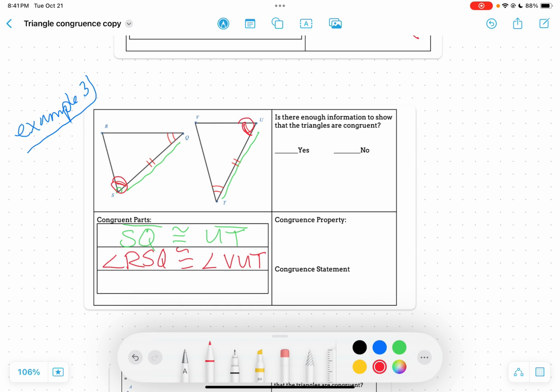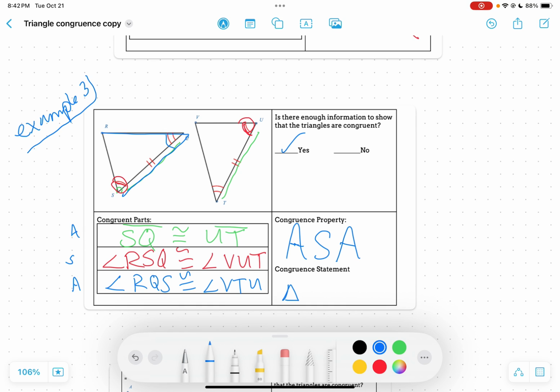So this angle is congruent to this angle. And then I have another angle. I have RQS is congruent, so that's this angle right here is congruent to VTU. And so what do I have? I have angle, side, angle.